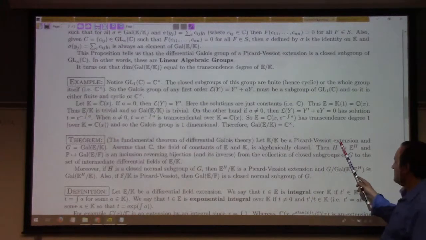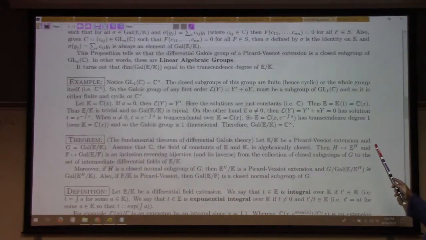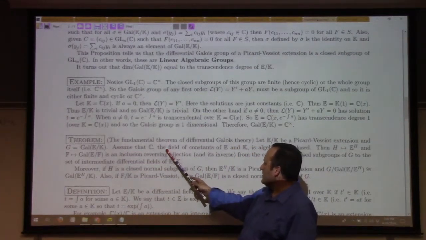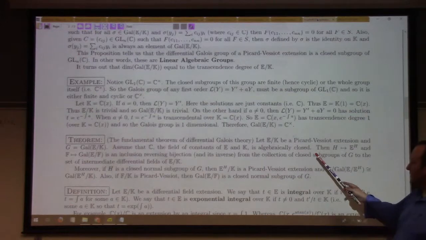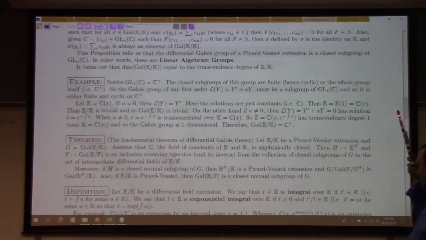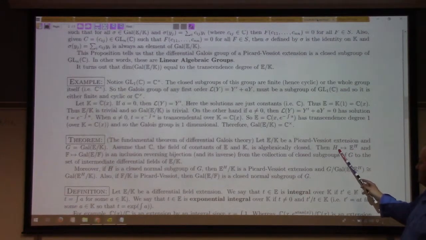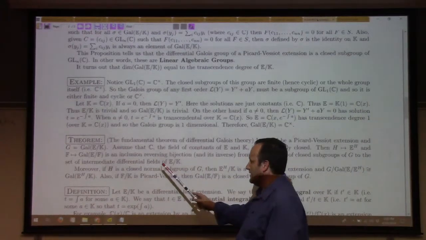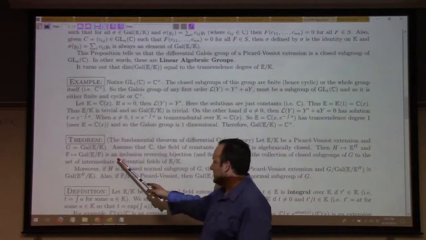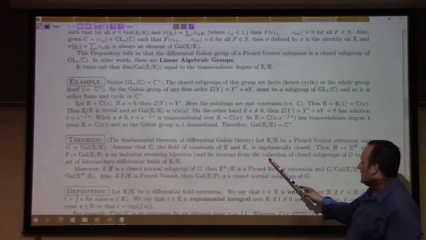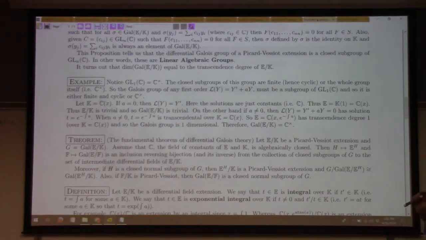If E over K is a Picard-Vessiot (PV) extension, and G is the Galois group of E over K, and C, the field of constants, is algebraically closed, then the usual fixed field correspondence and its inversion is an inclusion reversing bijection, as we've seen, from the collection of closed subgroups of G to the set of intermediate differential fields of E over K.